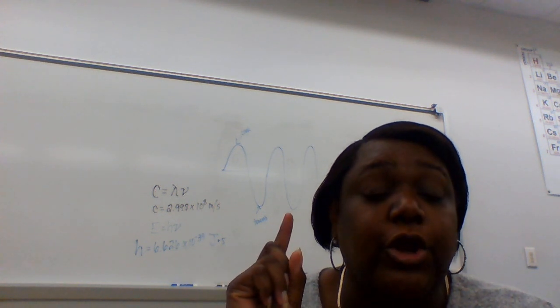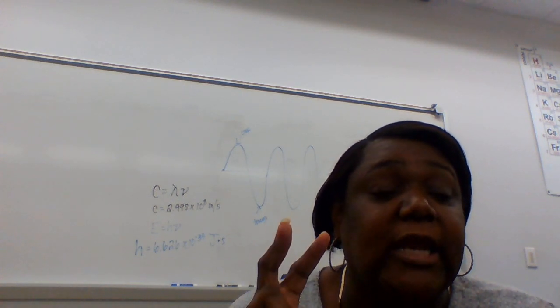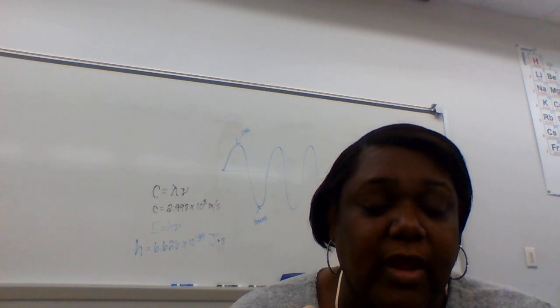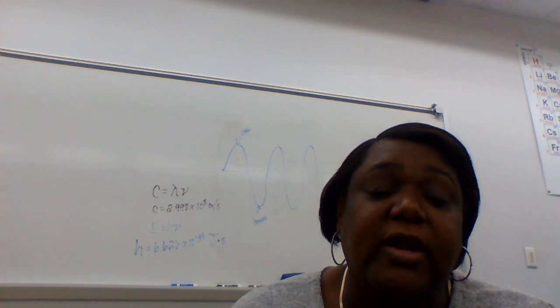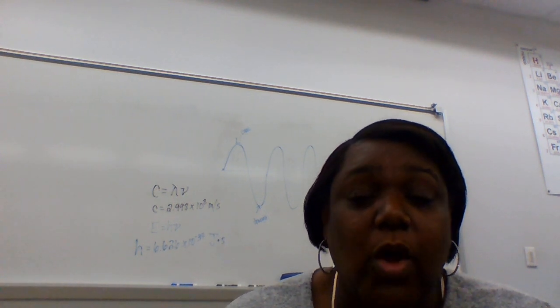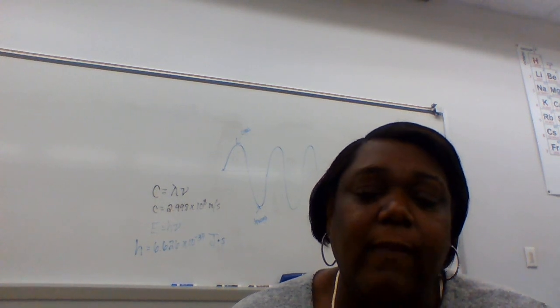You can know the position or you can know the speed. You cannot know both of them at the same time accurately, okay? So I can either know where the electron is or I can know how fast it's going, but I can't know both where it is and how fast it's going at the same time.